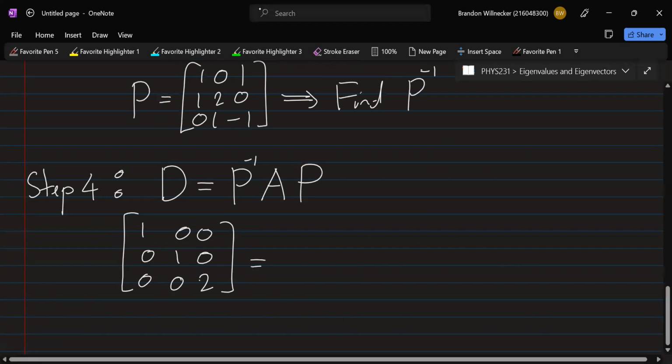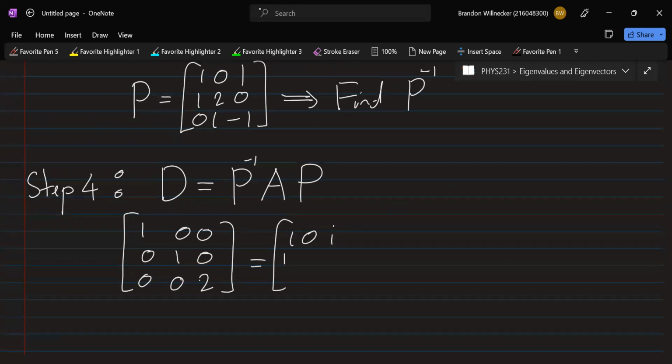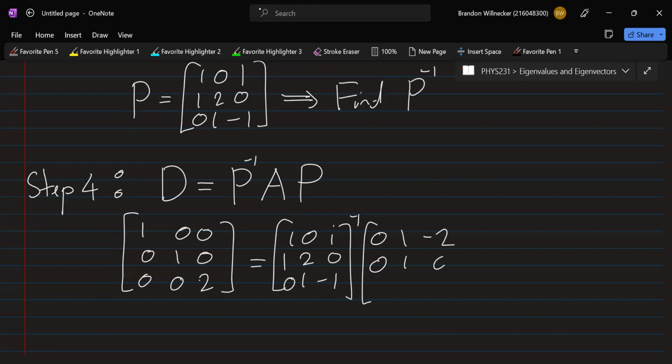So this is equal to P inverse, again for homework, [1, 0, 1; 1, 2, 0; 0, 1, -1] inverse, times A, which was [0, 1, -2; 0, 1, 0; 1, -1, 3], and then times P, which was [1, 0, 1; 1, 2, 0; 0, 1, -1].